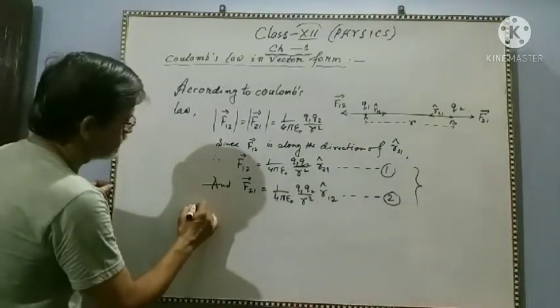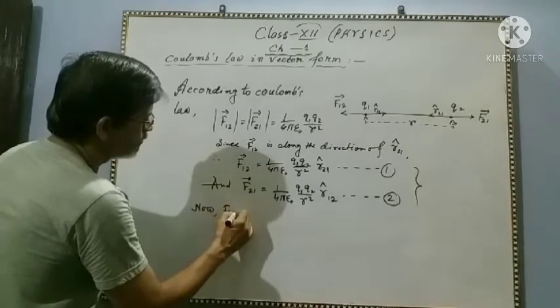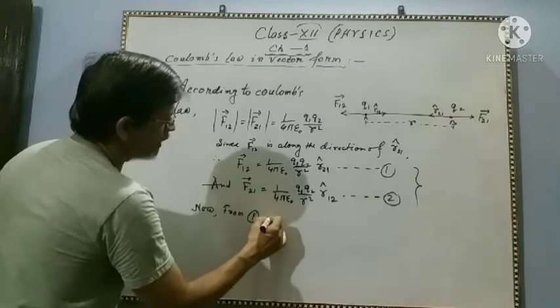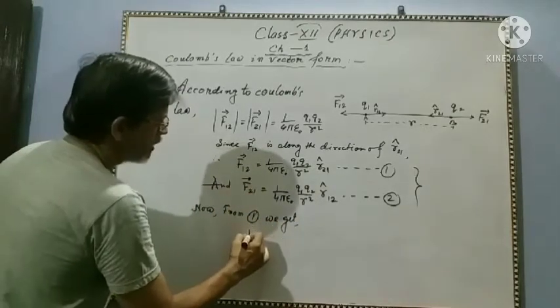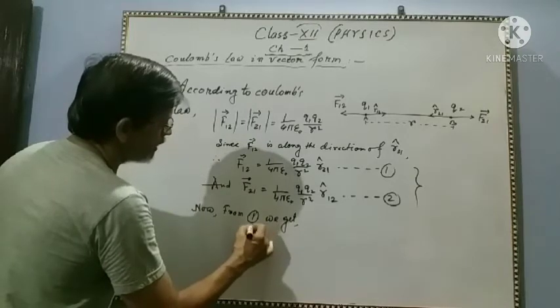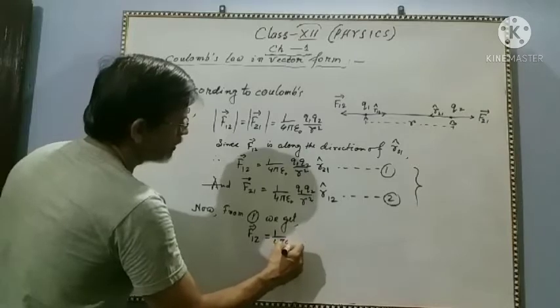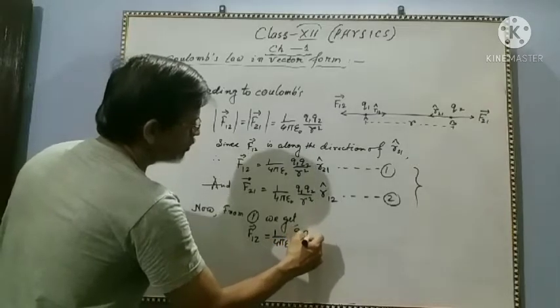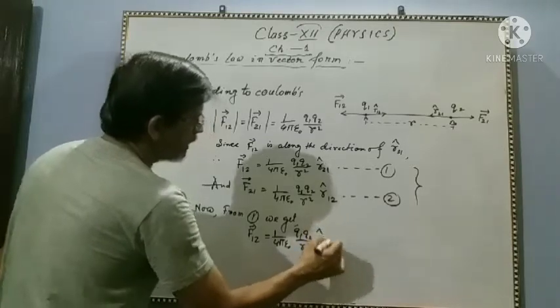Now, from 1 we get, what we get? F12 vector equal to 1 by 4 pi epsilon naught Q1 Q2 by R square R21 cap.